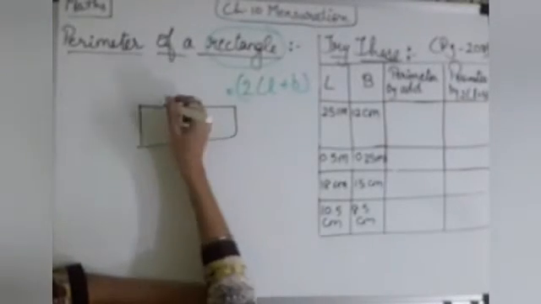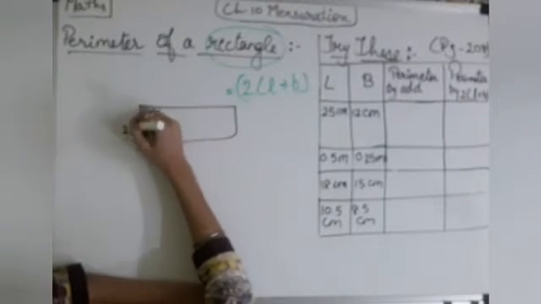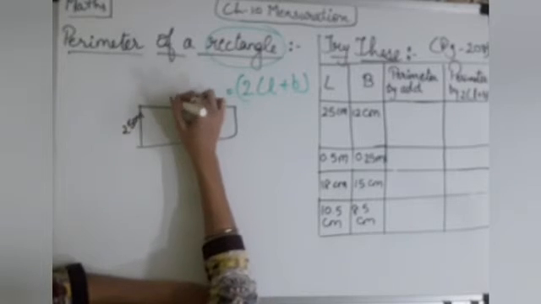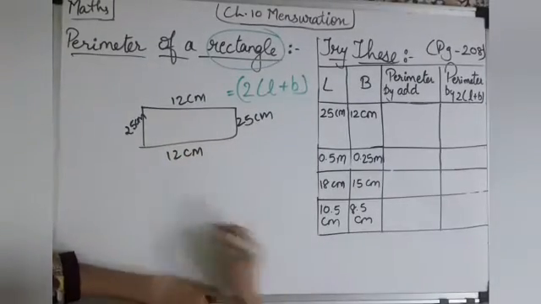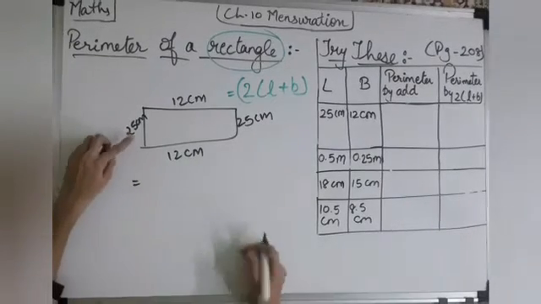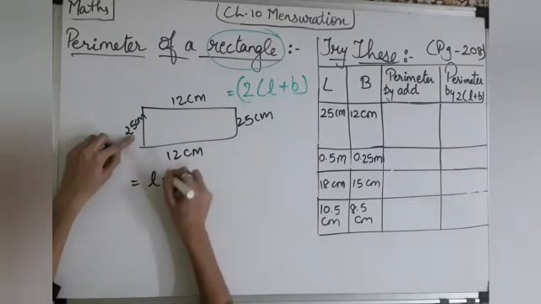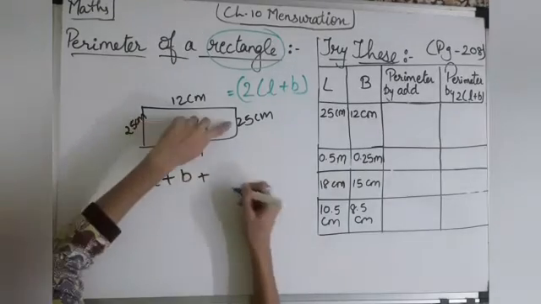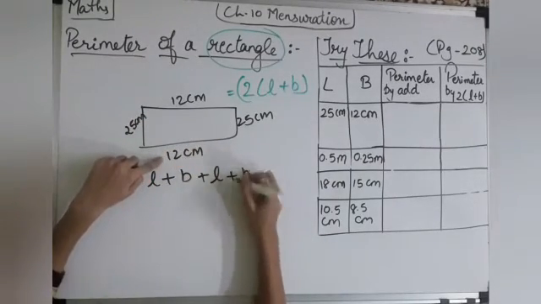See, for example, this is a rectangle and the length is 25 centimeter and the breadth is 12 centimeter. As I have written, first we'll do the adding. So length plus breadth plus length plus breadth.